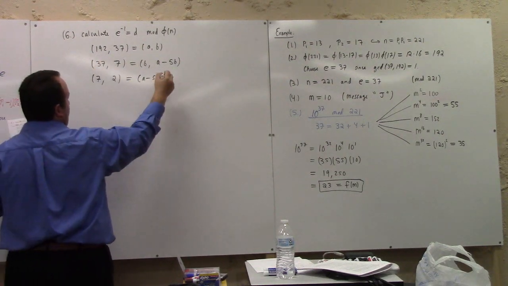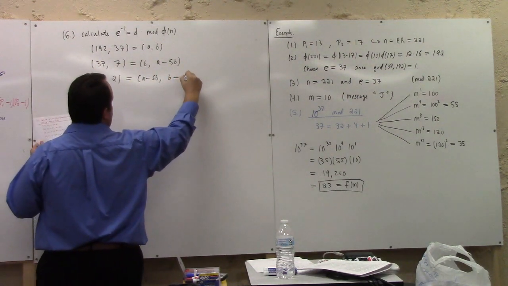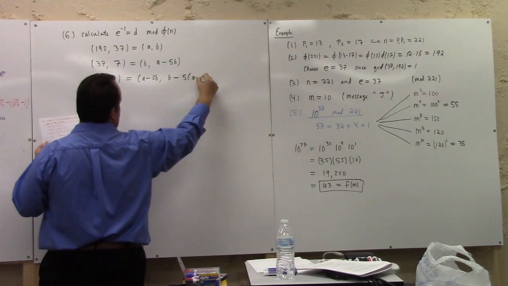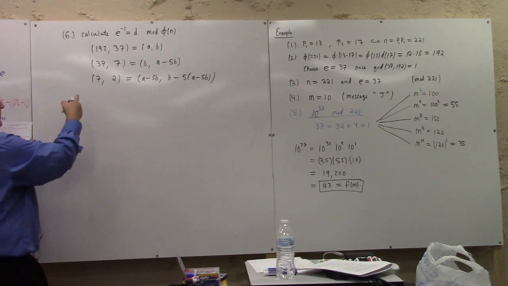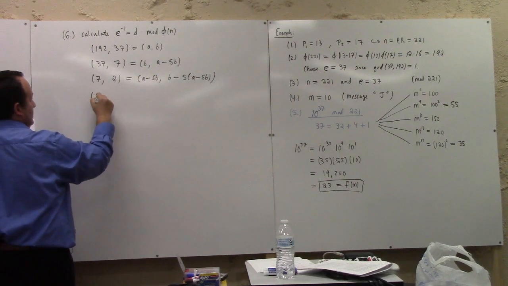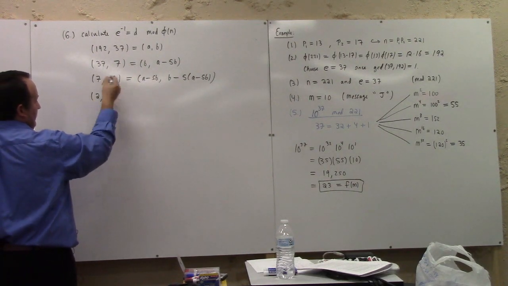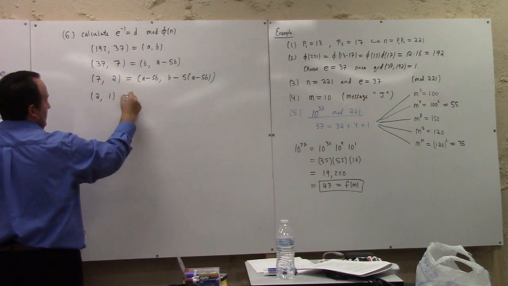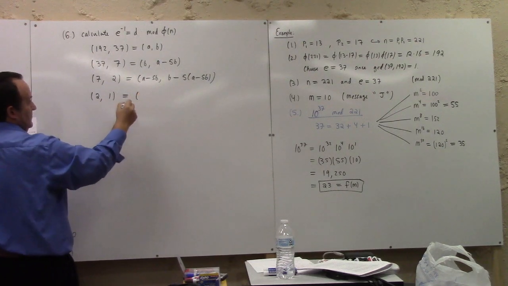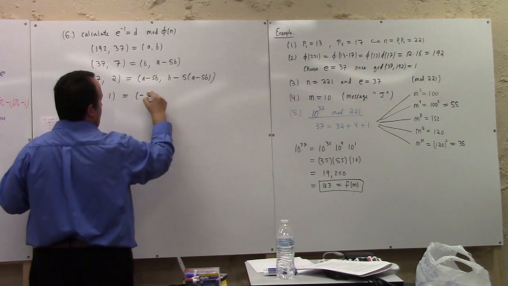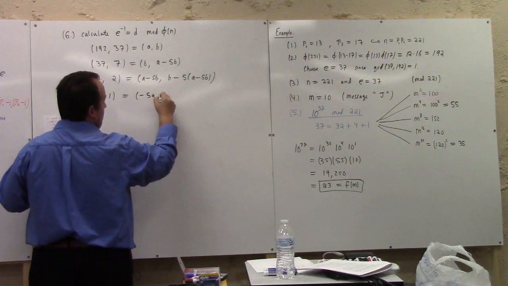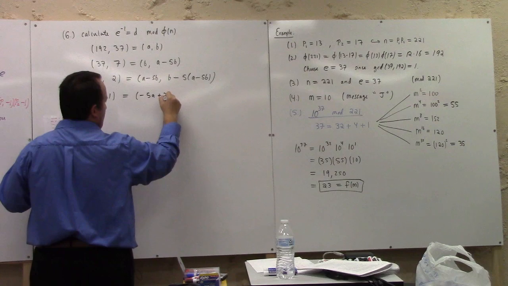We subtract off 5 copies, so we do B minus 5 times A minus 5B. And then what do you got here? Well, 7 divided by 2, remainder 1. Wonderful. That means we're pretty much done. Now this is minus 5A plus 26B.